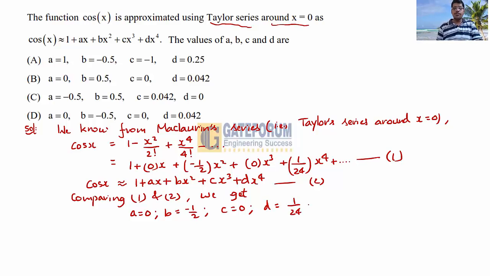So 1 by 24 is approximately 0.042, and minus 1 by 2 in decimal fraction is minus 0.5. So the answer is a is 0, b is minus 0.5, c is 0, d is equal to 0.042. So accordingly, the option is D. This is the end of the question.